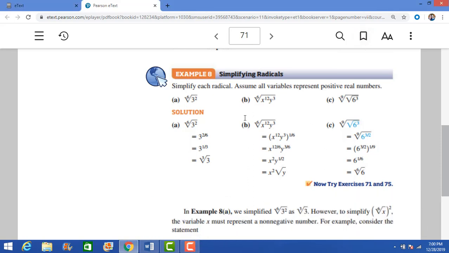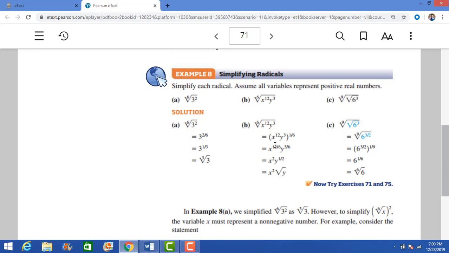Now if we look at b here, we've got the 6th root. We want to find a way to simplify this, so we're going to write it in exponential form, as the 1/6 power, and then distribute the 1/6. So we're going to have x to the 12/6. Now we can simplify both of these.